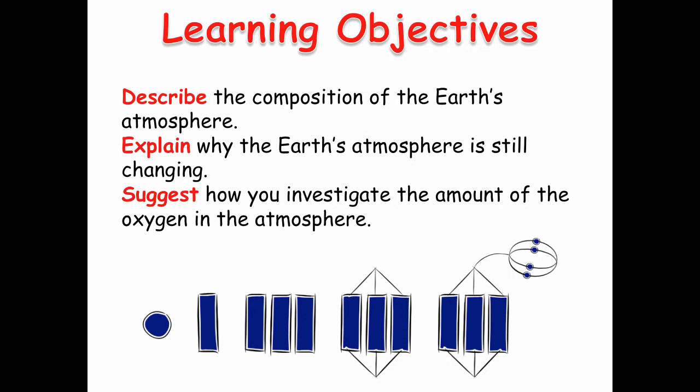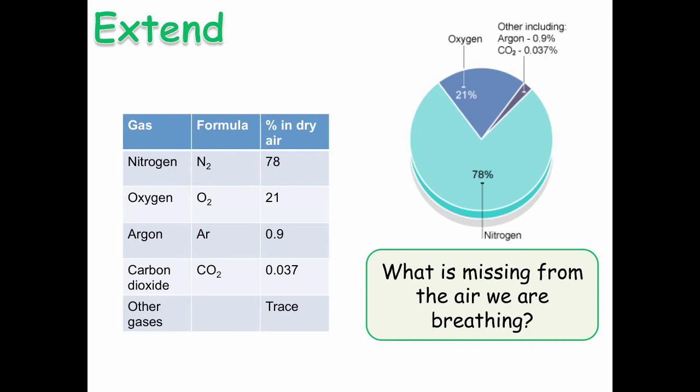Our final objective is to explain why the Earth's atmosphere is still changing. As we said, the amount of oxygen in the atmosphere is 21%, the amount of nitrogen is 78%, the amount of argon is 0.9, and carbon dioxide is 0.037, but it does change.